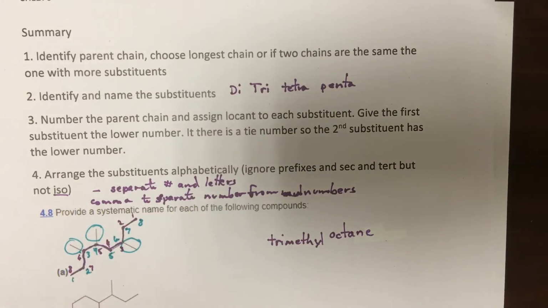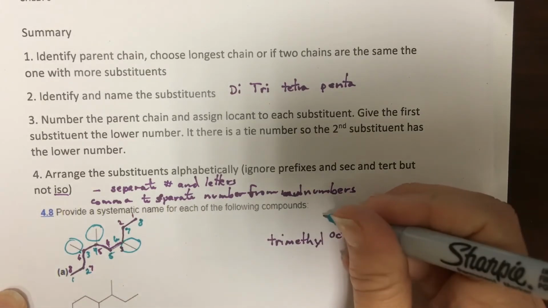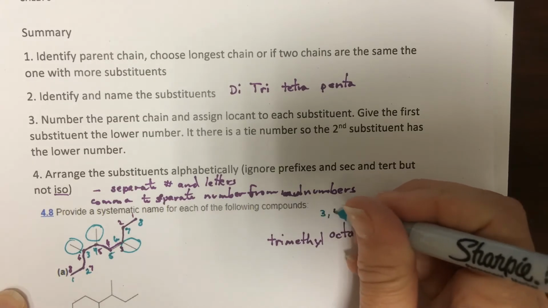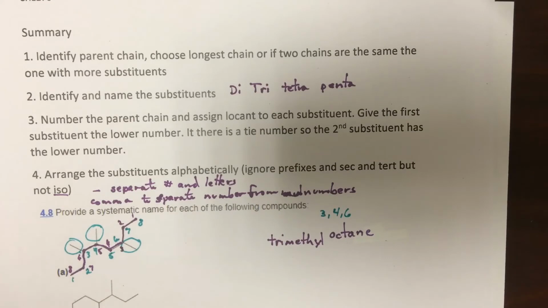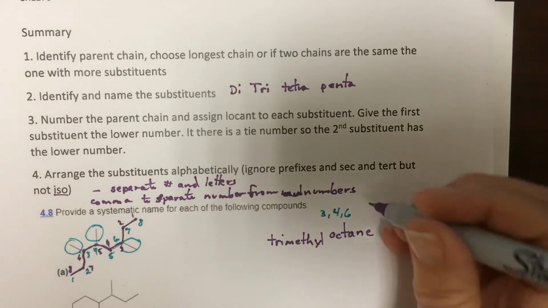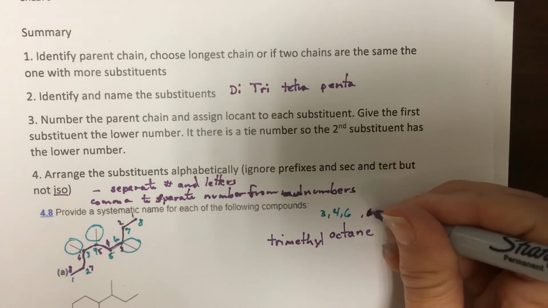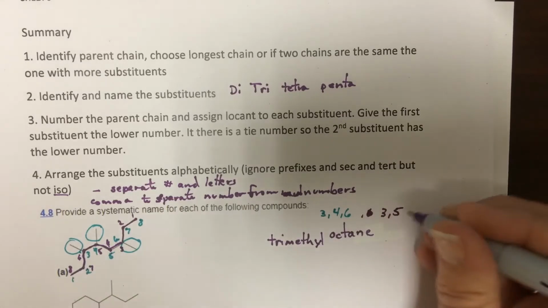A little bit of a mess there, but we can either get a 3, a 4, and a 6 if we use the green numbering, or if we use the purple numbering, we get a 3, a 5, and a 6.